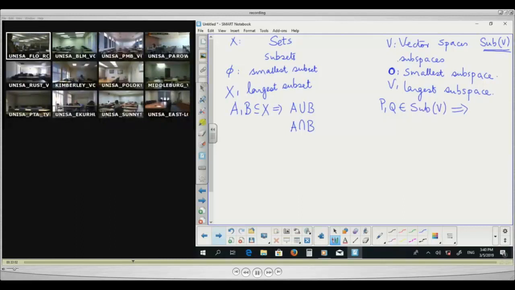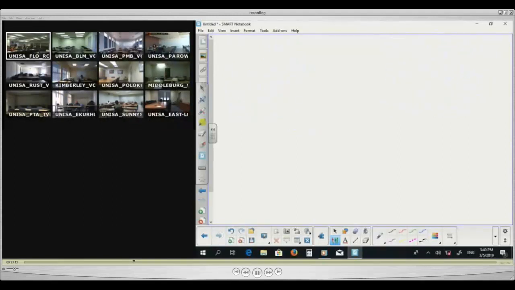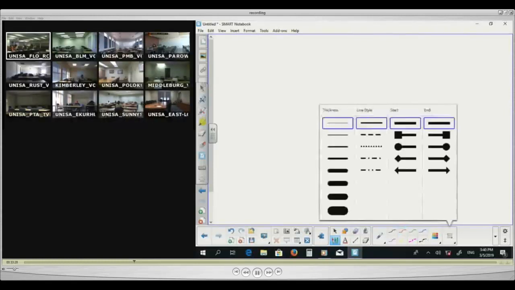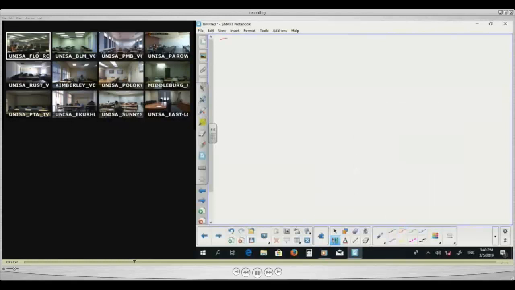Any intersection of subspaces is a subspace. So the intersection part is simple. So let's have a quick look into the proof and what it says.